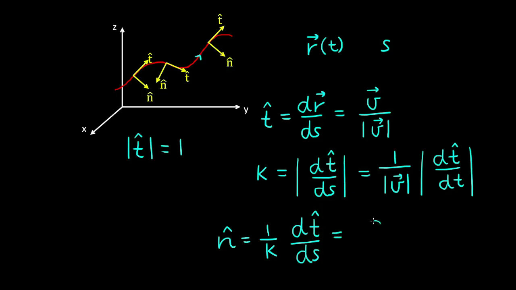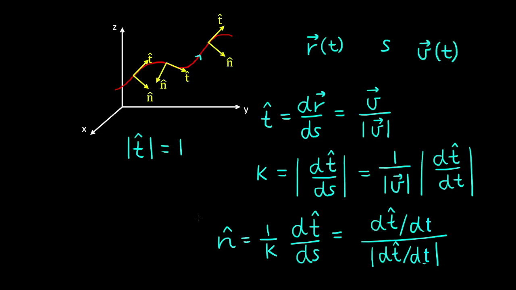And that's also equal to the derivative of the tangent vector with respect to t over the magnitude of this vector. So these are alternative expressions for the unit tangent vector, curvature, and principal unit normal vector in terms of the arc length parameter s and the parameter t, noting that here v is a function of t. And now we'll apply these equations in practice problems.